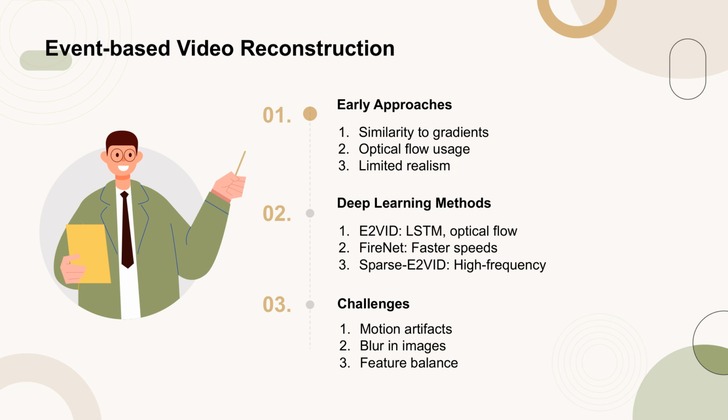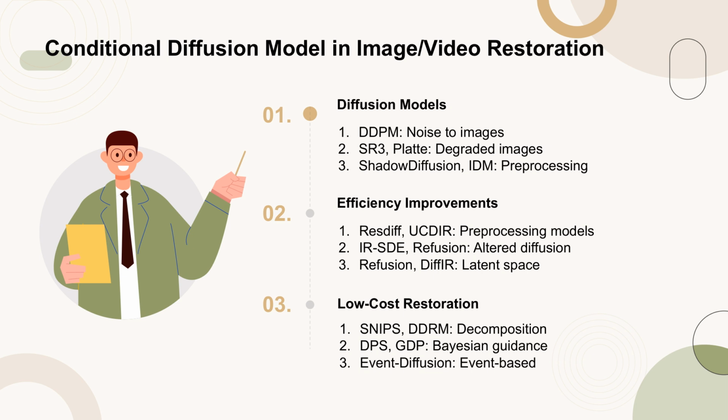The application of diffusion models to image and video restoration tasks has gained popularity following the success of DDPM in generating images from random noise. Methods like SR3 and PLAT use degraded images as conditions, while shadow diffusion and IDM utilize pre-processing features.